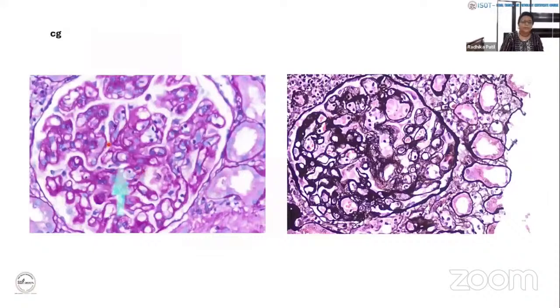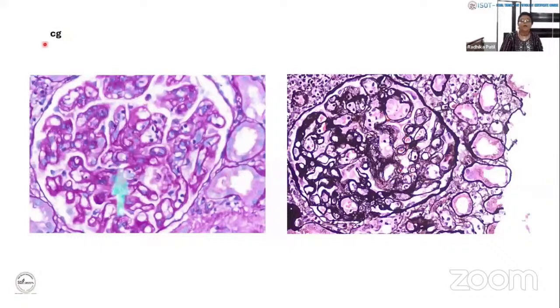On further evaluation, PAS stain showing duplication of the glomerular basement membrane along with mesangial cell interposition. So this is called CG, that is transplant glomerulopathy. There is glomerulitis also seen. On silver stain also, there is at least 30% of the glomerular basement membranes involved in duplication and showing the mesangial cell interposition.